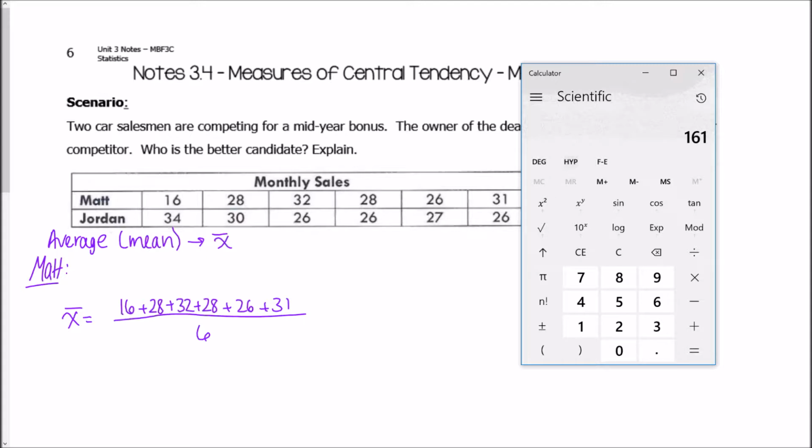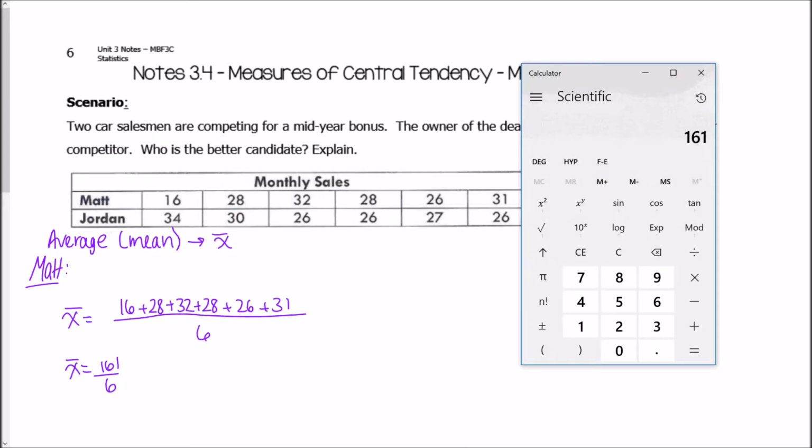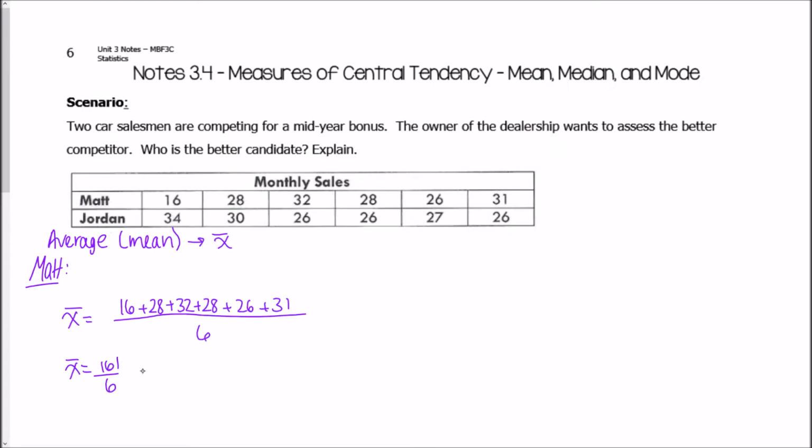So right here, my numerator should end up being 161 over my denominator, which is 6. And when I divide 161 by 6, I end up getting 26.8. So his average is approximately 26.8. Okay, so that means on average his monthly sales is 26.8.